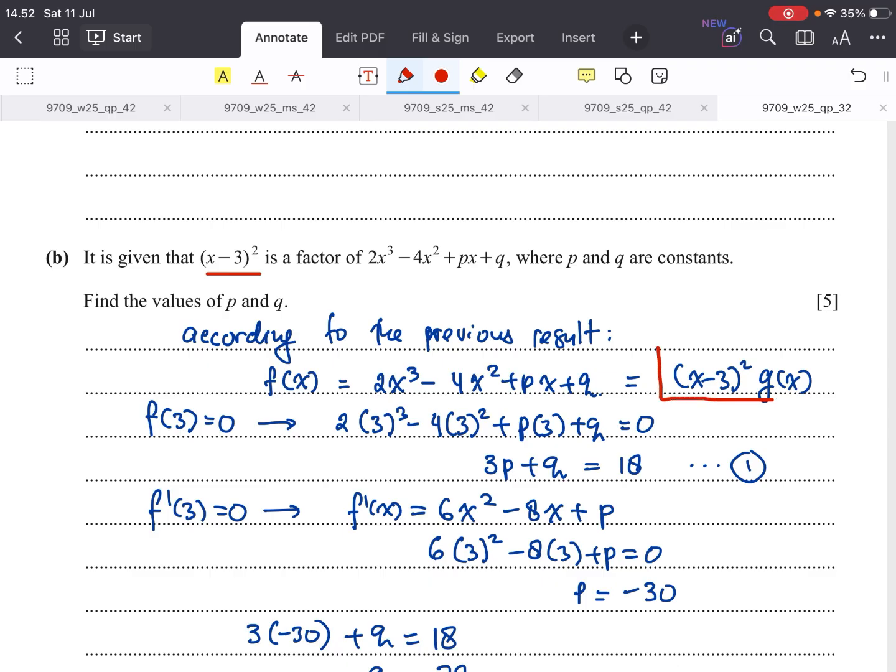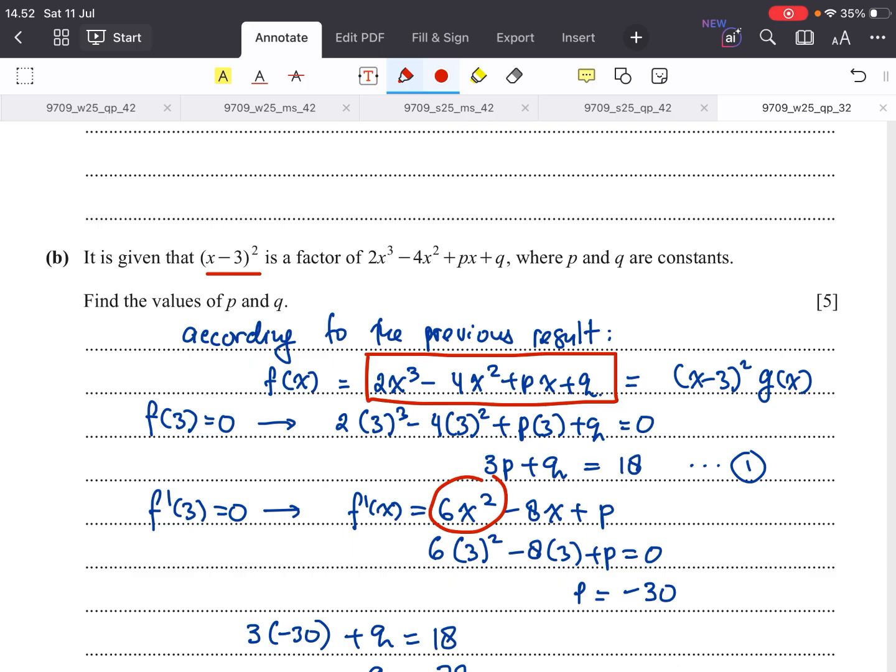But then, when f(x) is (x minus 3) squared times g(x), the first derivative f prime can also be divided by x minus 3, according to the previous result. So f prime 3 is equal to 0, according to the factor theorem. And then f prime x is the first derivative of this.